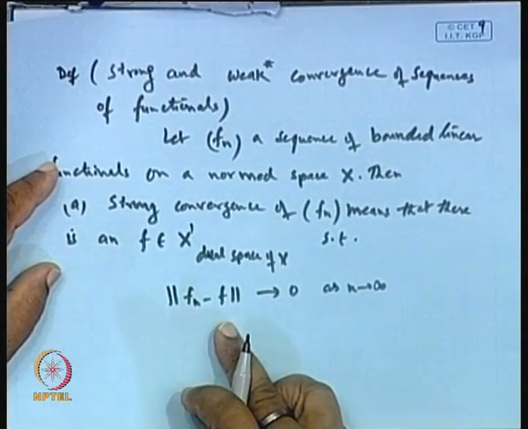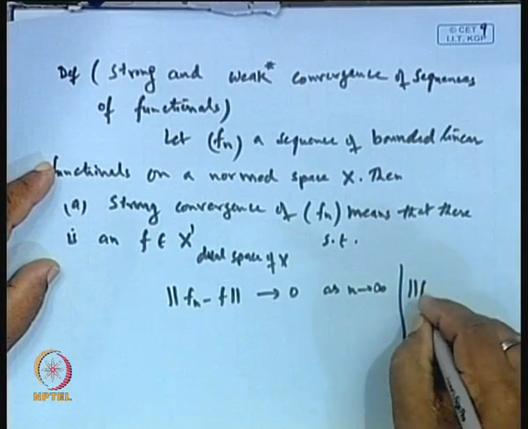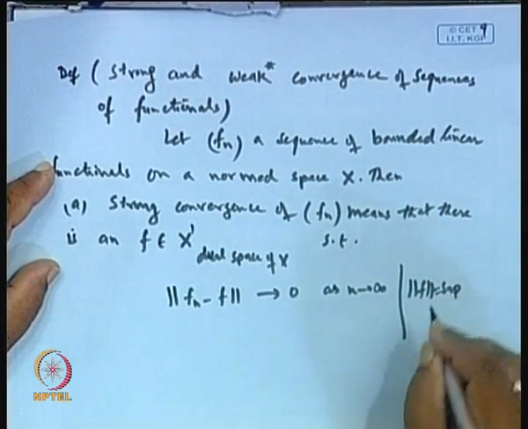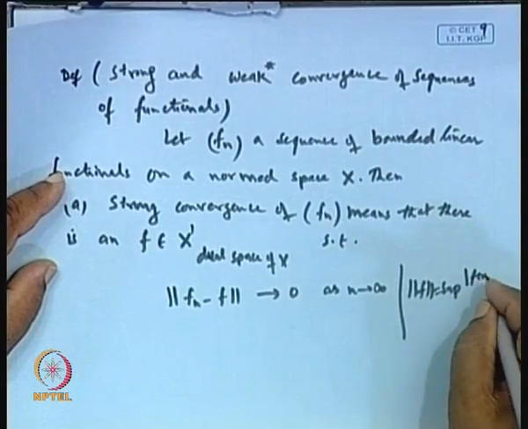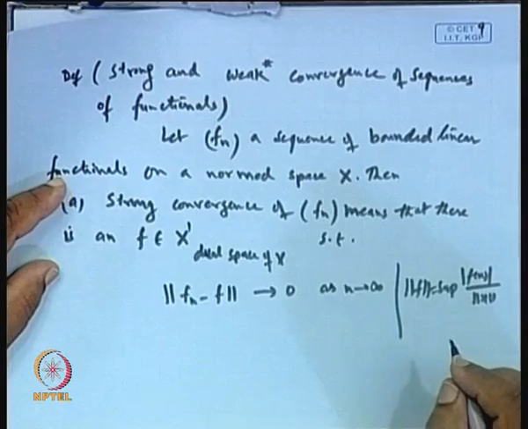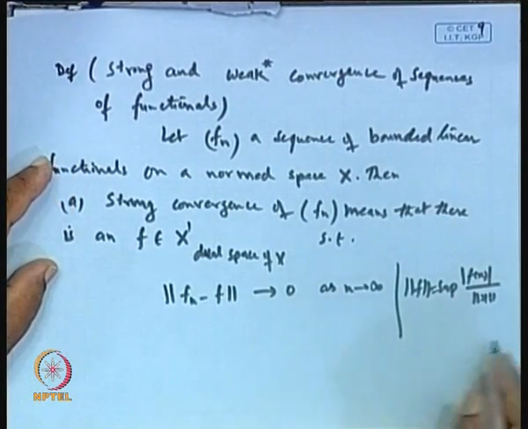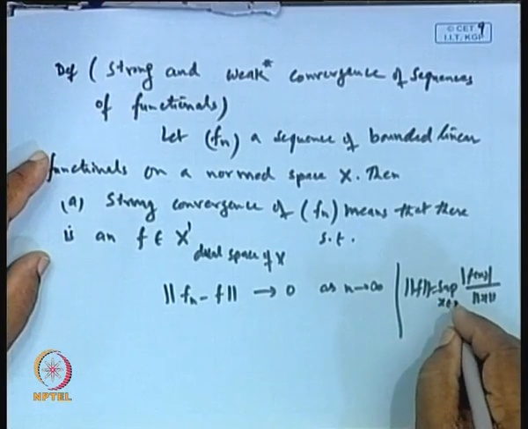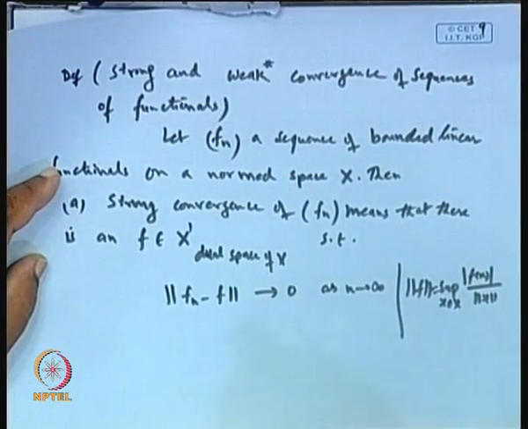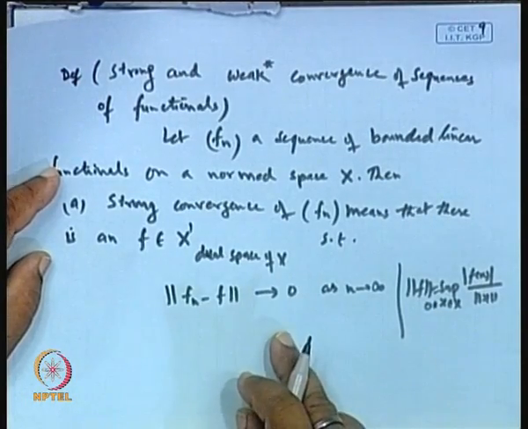What is the meaning of the norm here? The norm of f is the supremum of mod f(x) over x belonging to the domain X, non-zero x, is it not? So this goes to 0 in the norm.